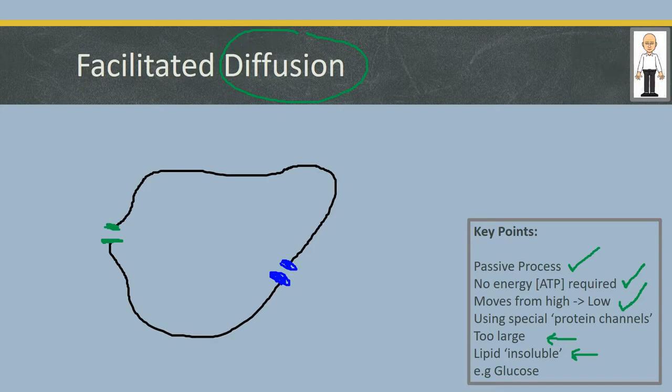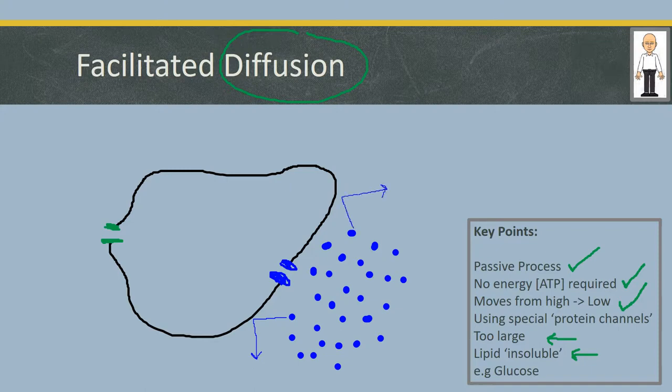So let's say we have a build-up of this molecule outside of the cell membrane, and this molecule is too large and too lipid insoluble to get across the cell membrane. So if it has this random kinetic energy and it bumps into the cell membrane, it will be repelled by that phospholipid bilayer.